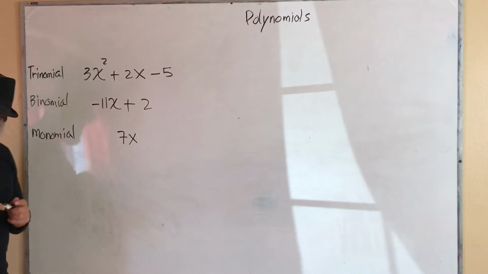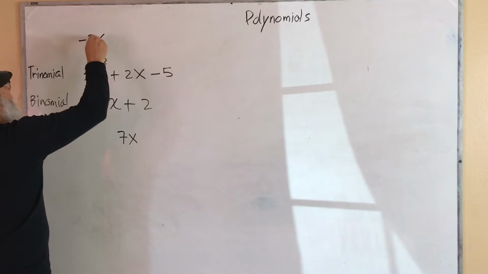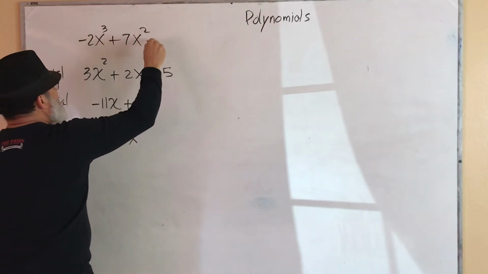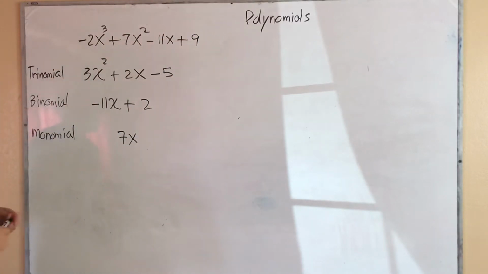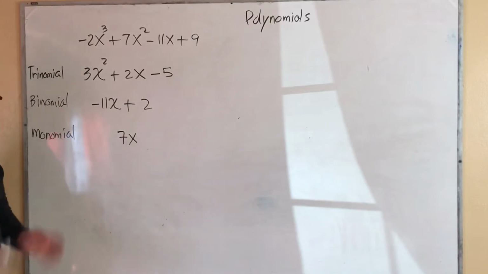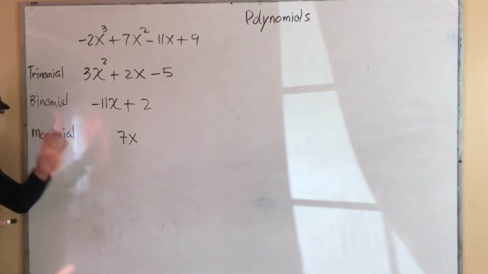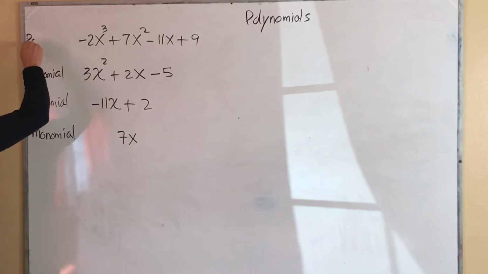If you have more than 3 terms, for example, negative 2x to the third plus 7x squared minus 11x plus 9, we just call it by its general name. In other words, 4 terms or more, we're going to call it polynomial.